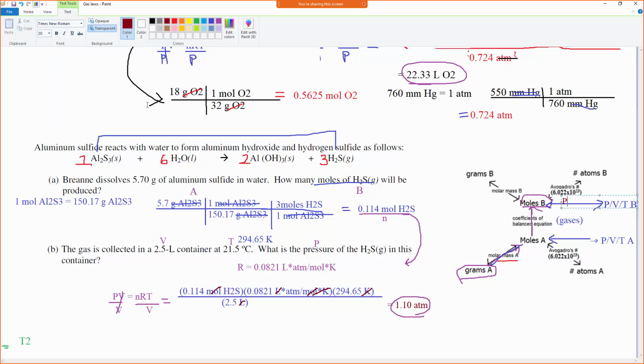But we're just using PV equals nRT, right? To get there. If I have number of moles, which is n, and I have any one of the other ones, we could just plug it right in, and we're just off-roading.